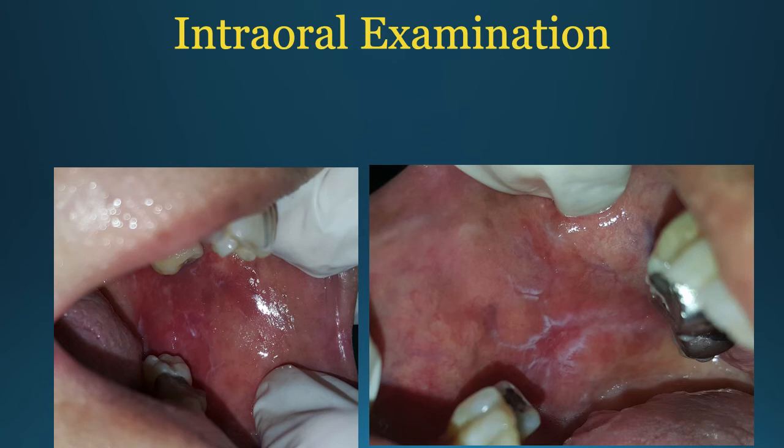Another thing that could be put in the differential diagnosis is lupus erythematosus. As you know, we have two types of lupus erythematosus. In systemic lupus erythematosus, the patient should have multiple affection of multiple organs all over the body.